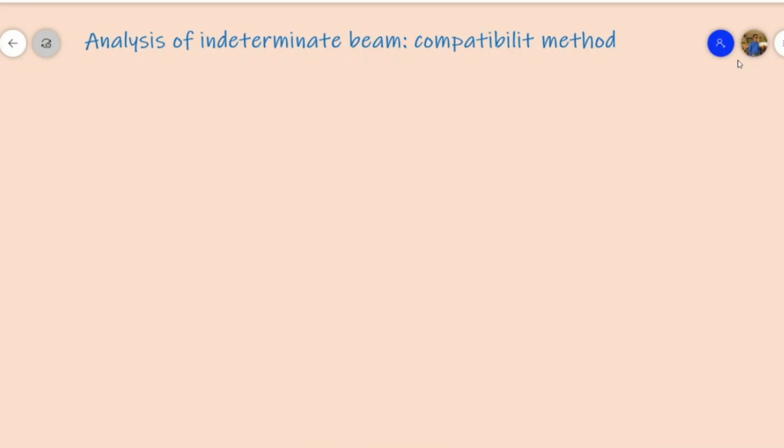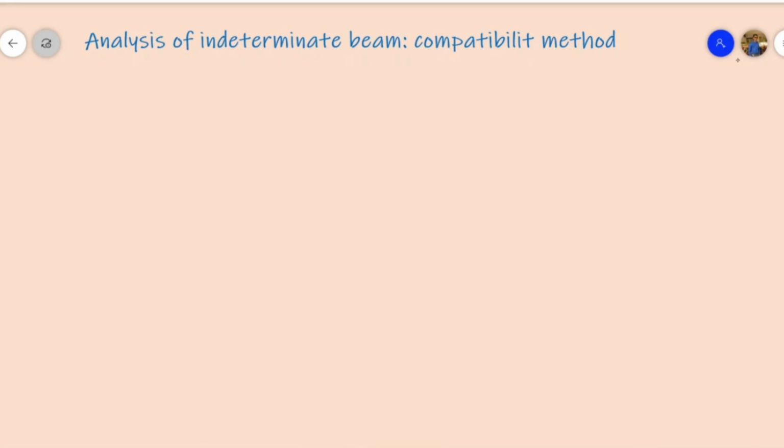This is Sasikuma. In this video, we will discuss analysis of indeterminate beam using compatibility method. देखिए क्या होता है कि जो indeterminate beam होता है, just like propped cantilever, continuous beam and fixed beam, ठीक है? तो उसको एनालाइज करना काफ़ी डिफिकल्ट होता है without knowing the matrix method and all.